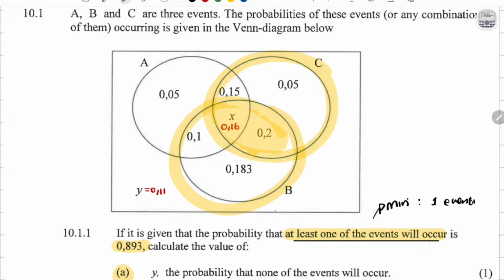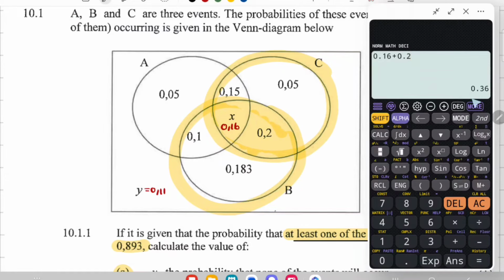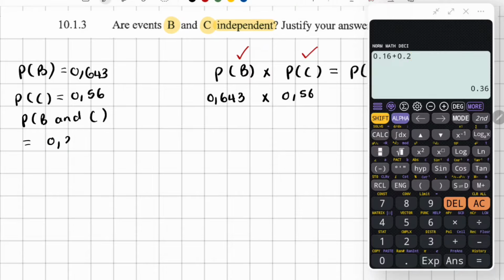That is the intersection of B and C. Okay, so you have to take these two numbers and add them because they are the probability of B and C. Though this one has the probability of A in it, it's also still the intersection of B and C. So we add these two numbers, 0.16 and 0.2, and that is our probability of B and C. And we get 0.36. So that's 0.36.